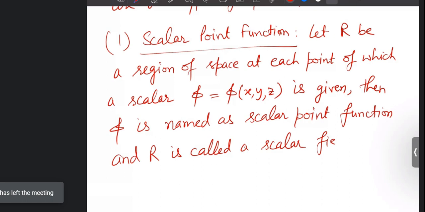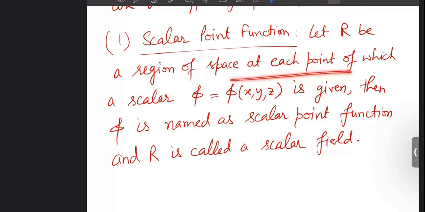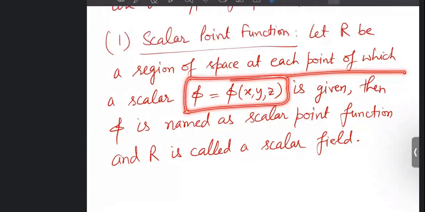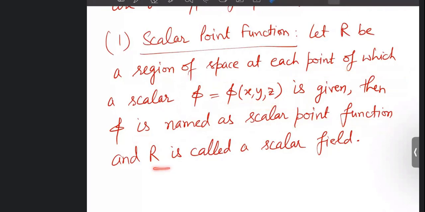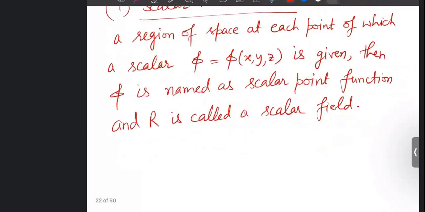Scalar field means that for the given region R, at each point of the region R, a scalar value is defined. Then this phi is named as a scalar point function, and the given region R is called the scalar field.